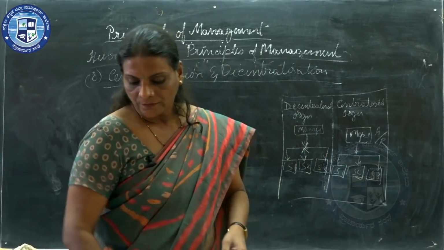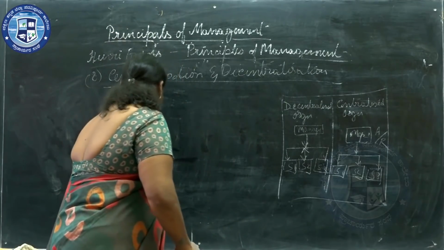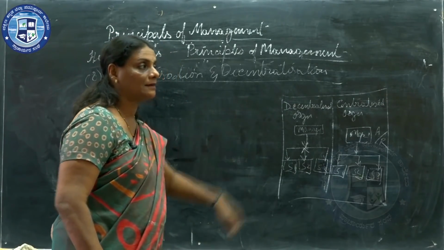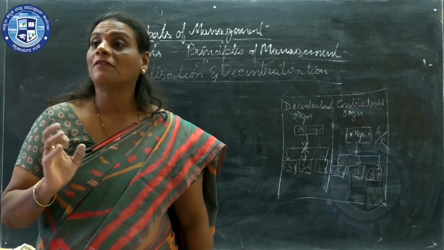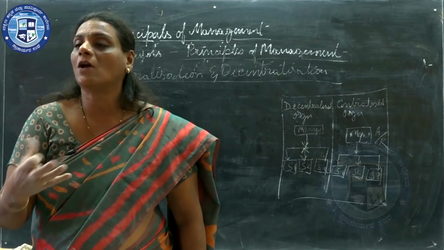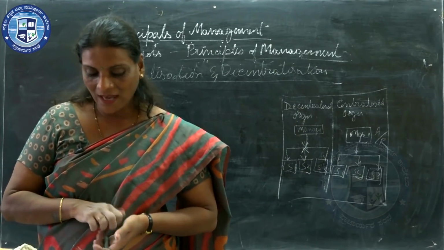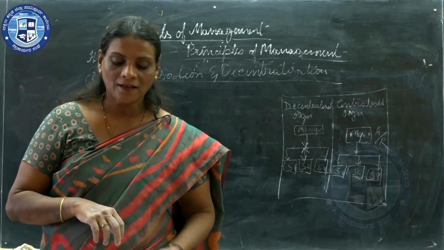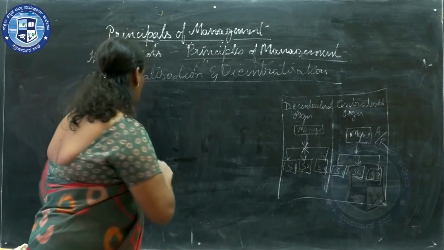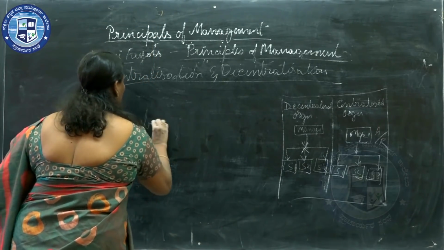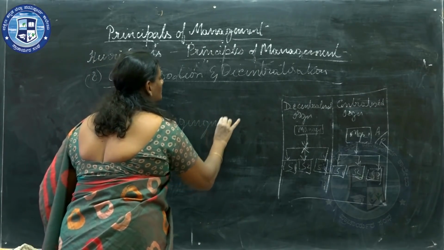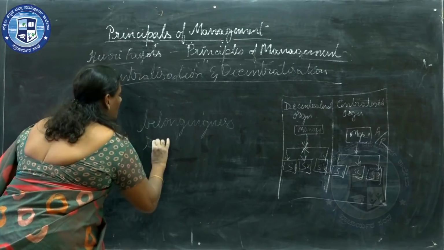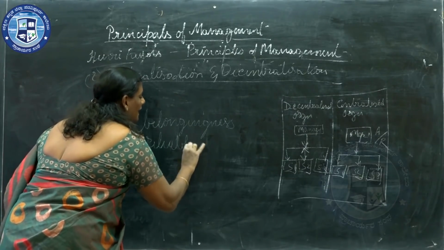Next, what happens when he is delegating the authority to his subordinates? They sense that they belong, they are a part of it. They have a sense of belongingness and reliability.